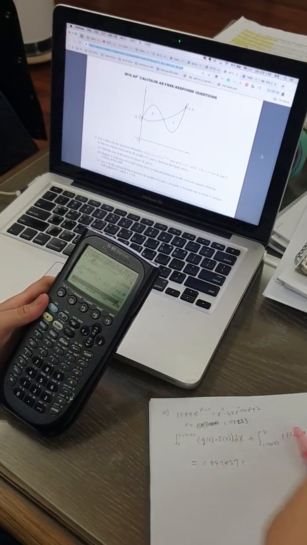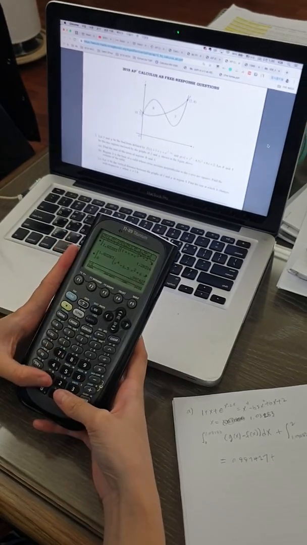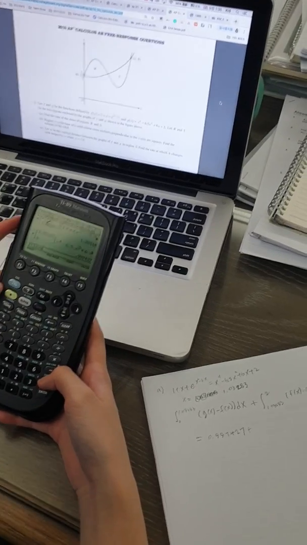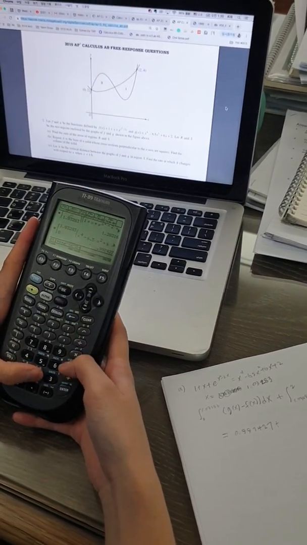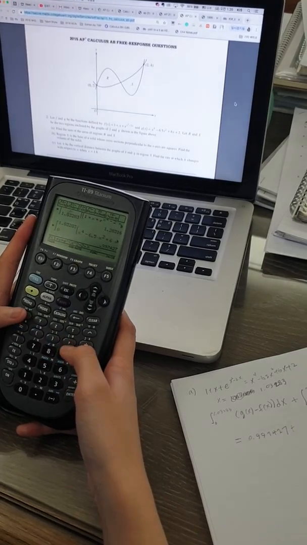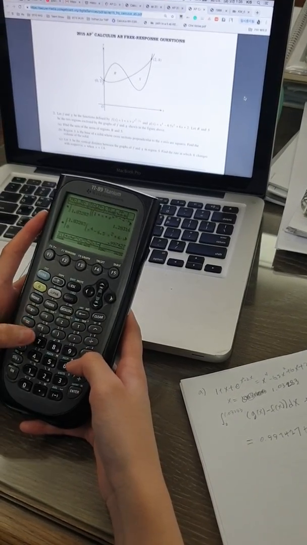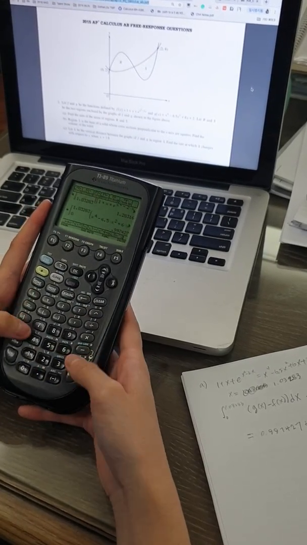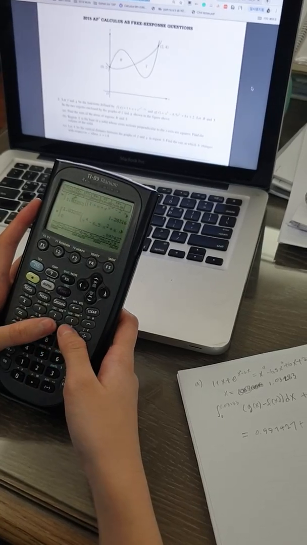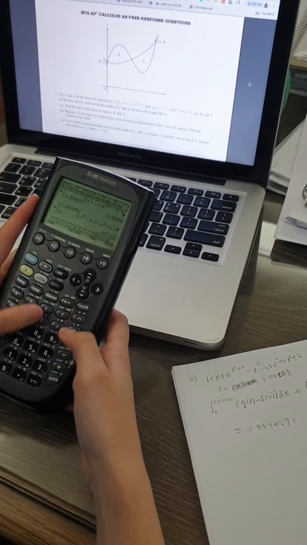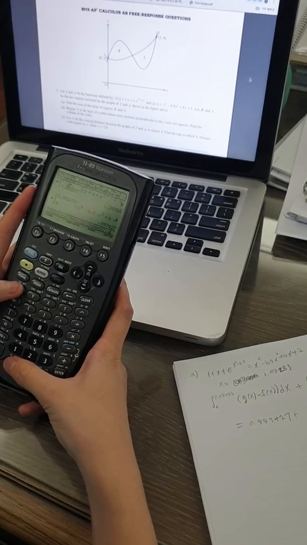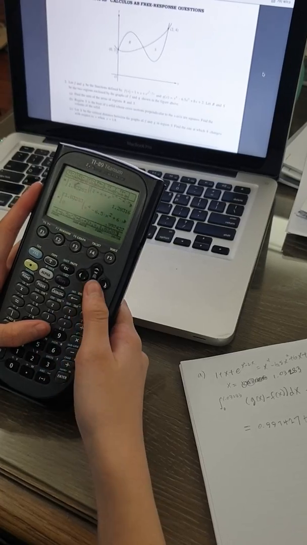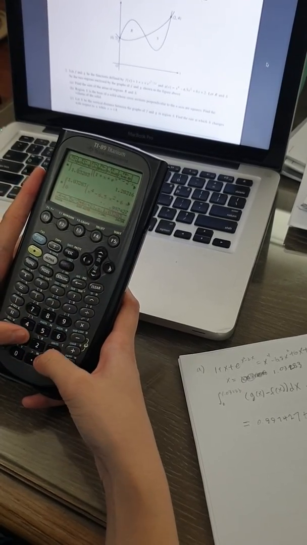So now then do the other half. So f of x minus g of x. So it's going to be 1 plus x plus e to the x squared minus 2x minus x to the 4 power minus 6.5x squared plus 6x plus 2, and it's going to go from 1.03283 to 2.